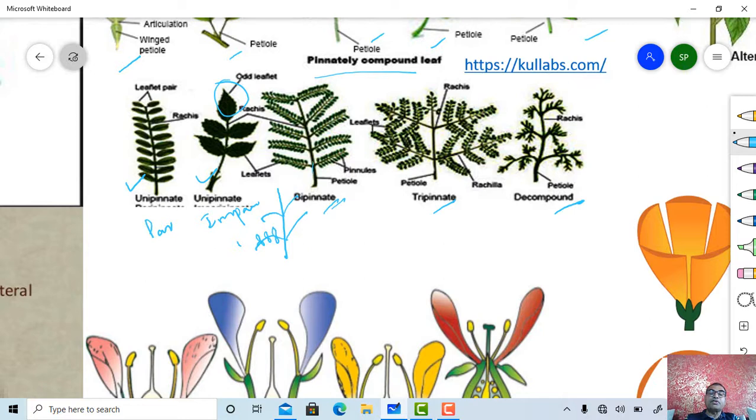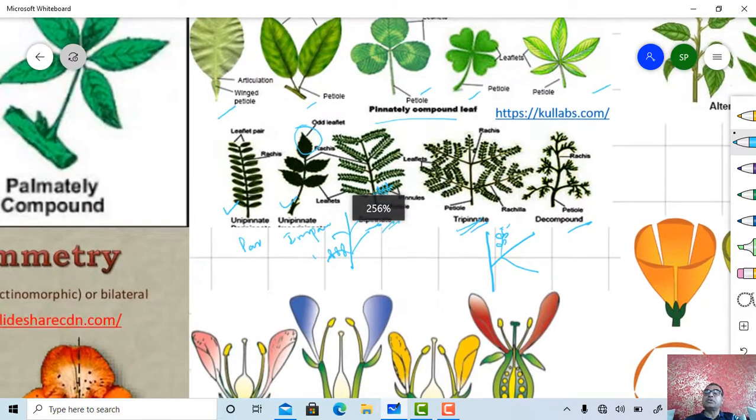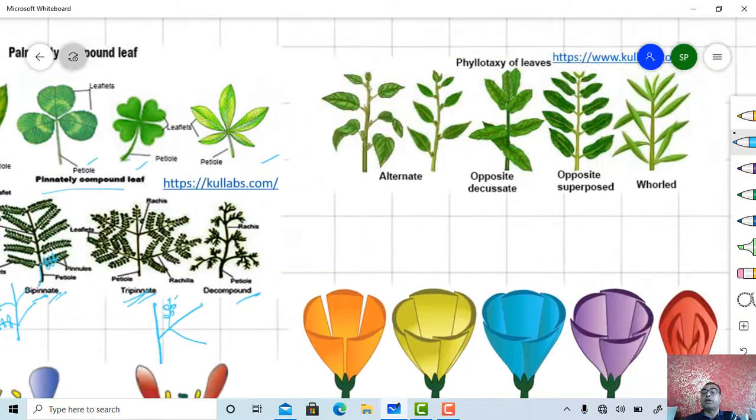So first, then second, such a condition is called bipinnate. Here first, second, third, if such leaves are present, then it is called tripinnate, and decompound is the most complicated one, which is present in the coriander plant.